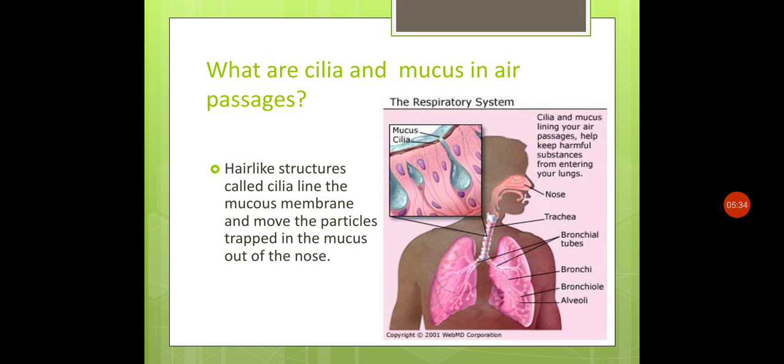Hair-like structures called cilia line the mucous membrane and move the particles trapped in the mucus out of the nose. So here you are watching mucus and cilia in the respiratory system. Cilia and mucus lining your air passages help keep harmful substances from entering into your lungs.